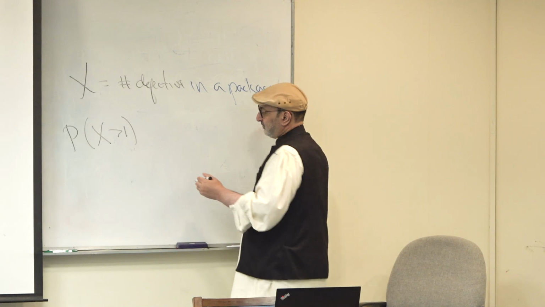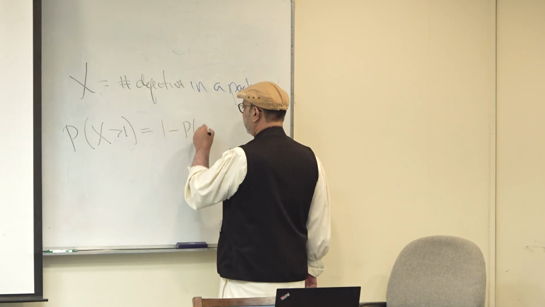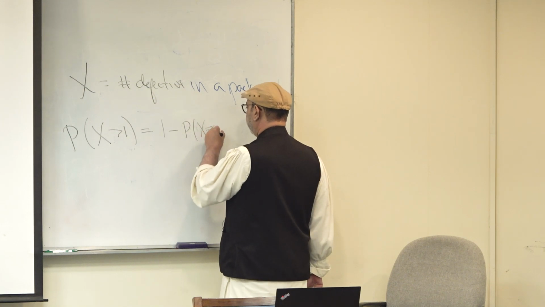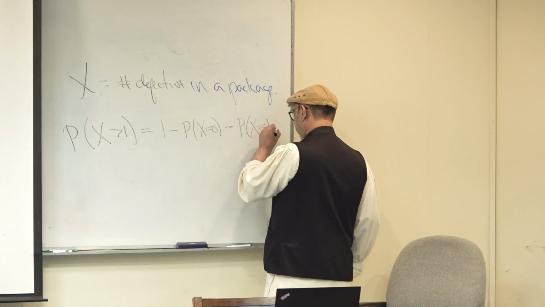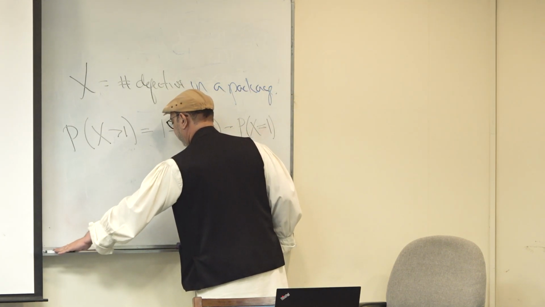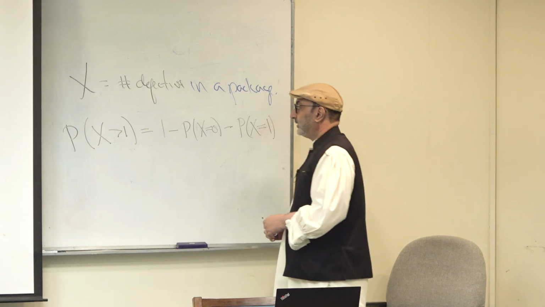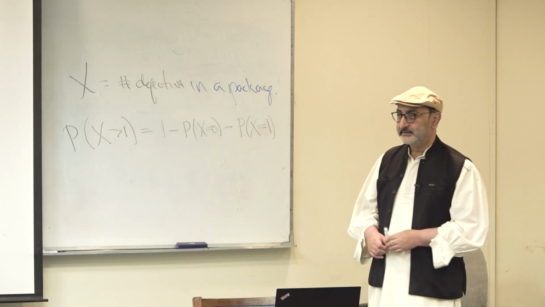We can do that as 1 minus the probability that X is 0 minus the probability that X is equal to 1. Is that all right?